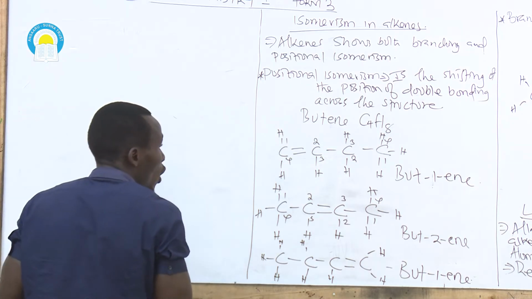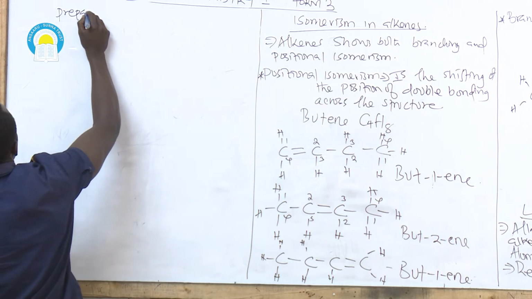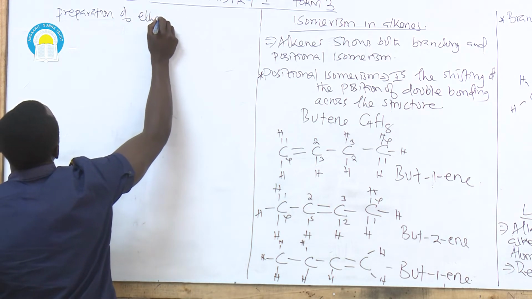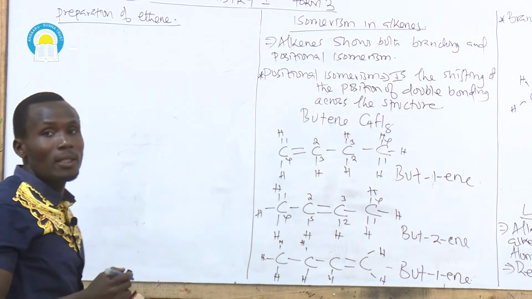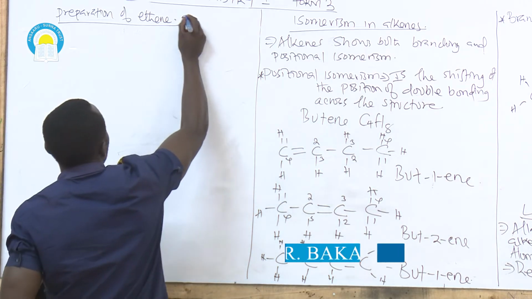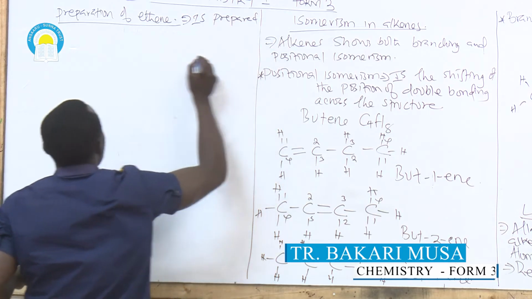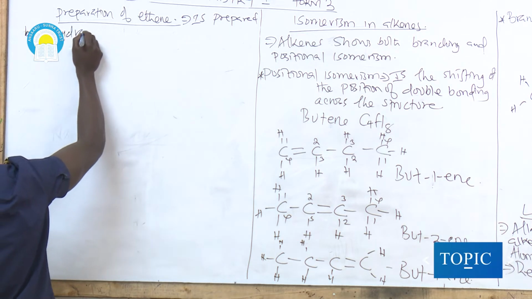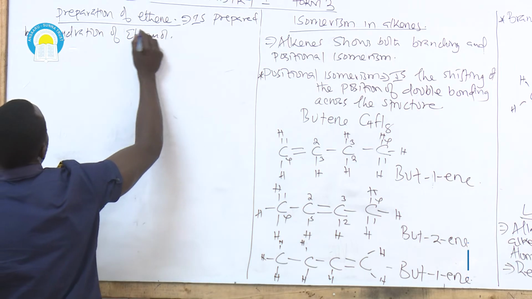So preparation of ethene. Ethene is prepared by dehydration of ethanol.